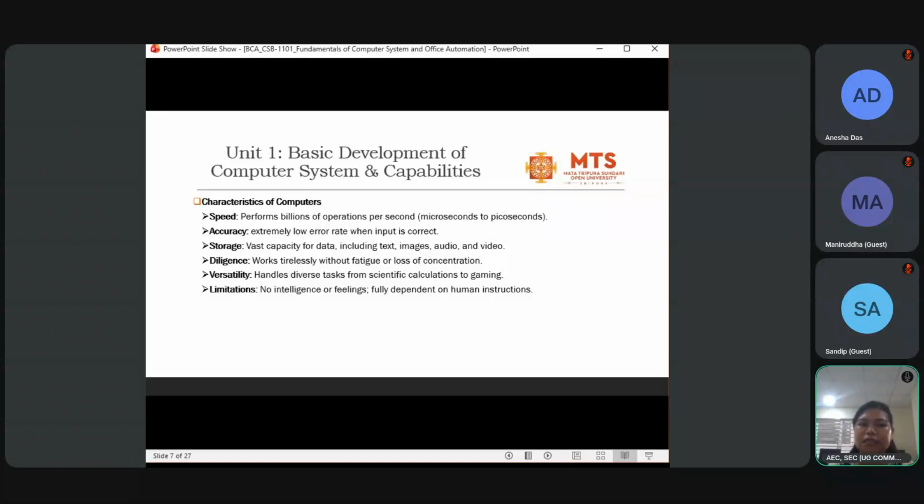And diligence is how computers work tirelessly without fatigue or loss of concentration. That is like battery drainage and all. We have to check it while buying a system, smartphone, or smartwatch. And versatility is handling diverse tasks from scientific calculation to gaming. We always see whether the laptop is feasible for gaming purposes.